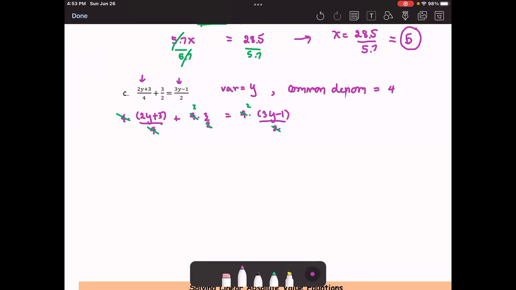And next, just take away the grouping symbol of the first quantity, becomes 2y plus 3. And the next one, 2 times 3 becomes 6, equals the right-hand side, 2 times the quantity 3y minus 1, which is 6 times y minus 2. Now the denominators are gone.